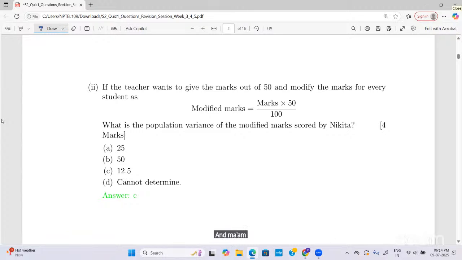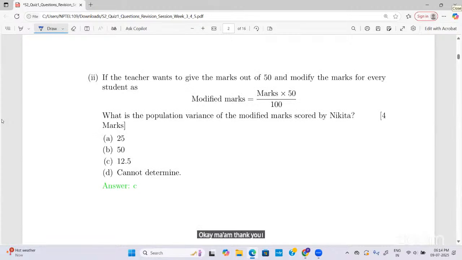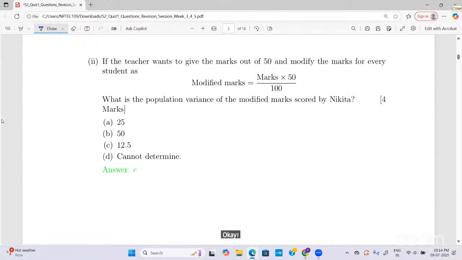Ma'am, in week 4, there is no EMQ, I think. In week 4, it's not graded already. It's for practice only. Okay, ma'am. Thank you. Week 6 EMQ will be graded. So don't worry about the week 5 EMQ. It is for your practice only.